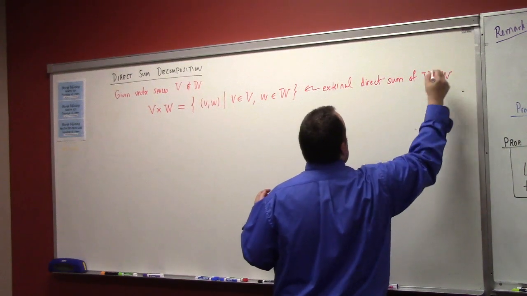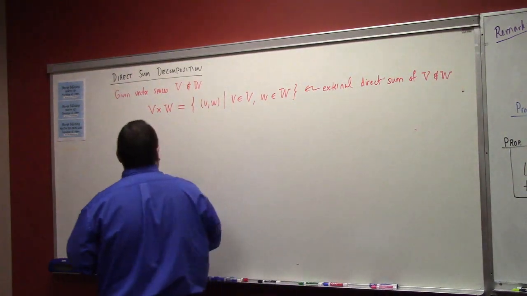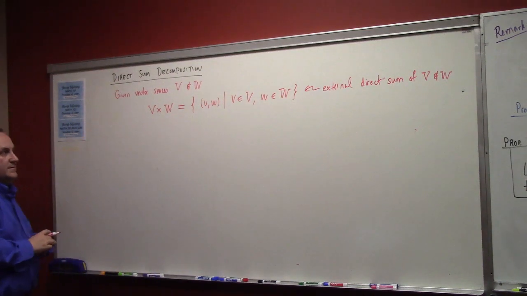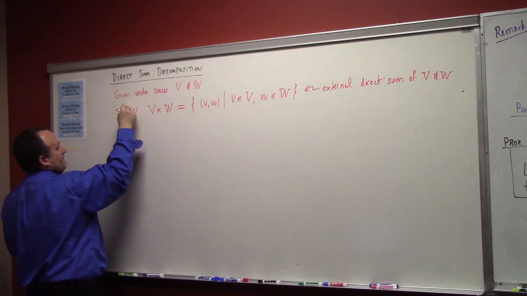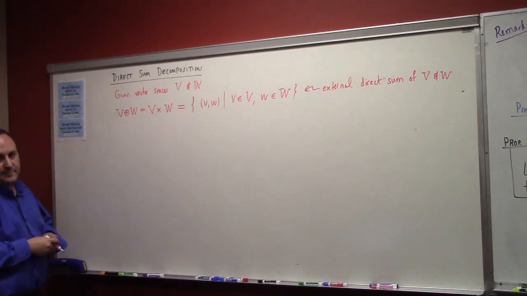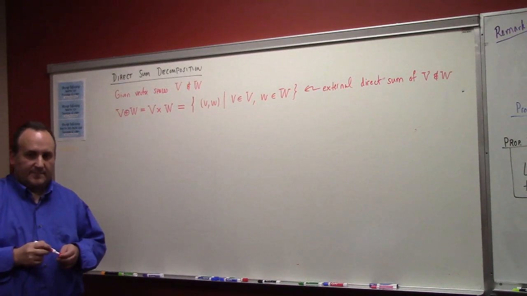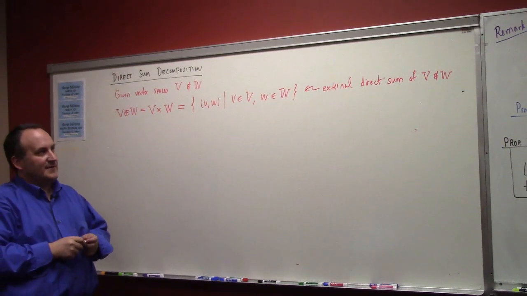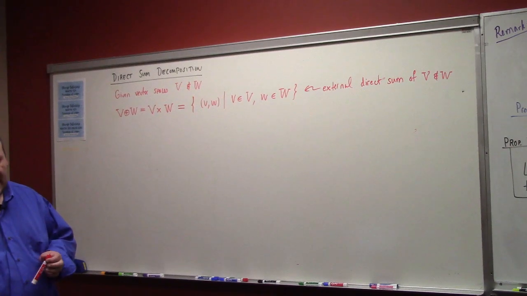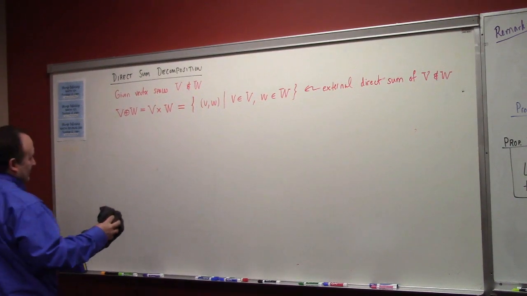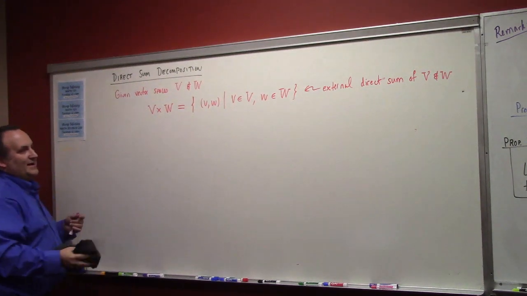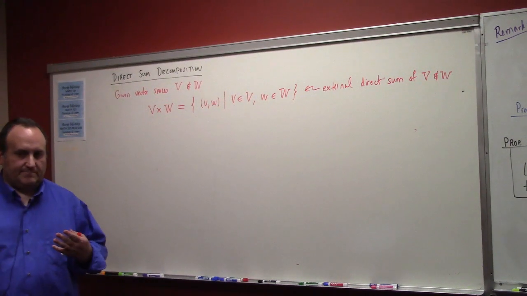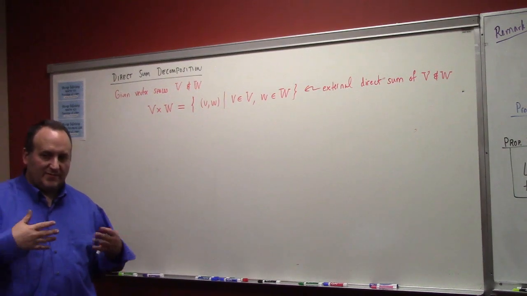The thing that's annoying is people will write this. But that doesn't, technically speaking, even have to make sense in the way we were just talking about a second ago, because it may be that V and W are not common subspaces of a given superspace.